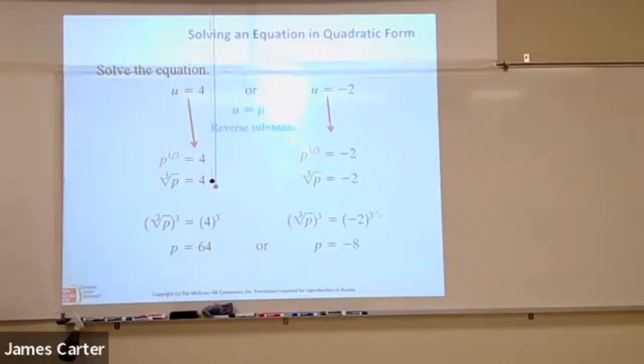No, cubes you don't, odd powers you don't have plus or minus, or odd roots, I mean. Okay. Let me know when I can go forward. Yay? Okay.